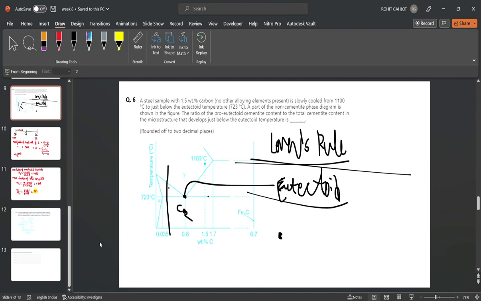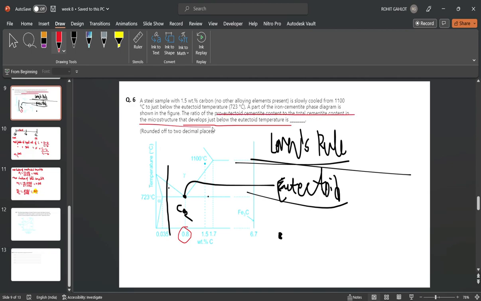Generally, in this problem we utilize the lever rule. As given, we need to find the ratio of the pro-eutectoid cementite content to the total cementite content in the microstructure that develops just below the eutectoid temperature. The eutectoid composition, we know, is 0.8% carbon.